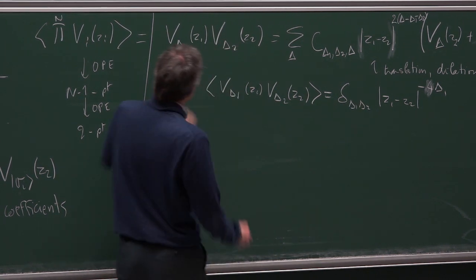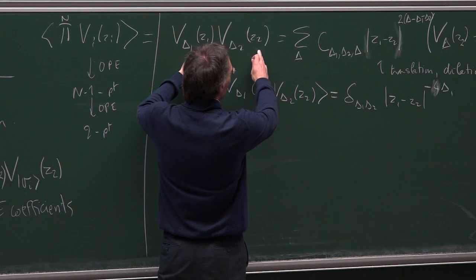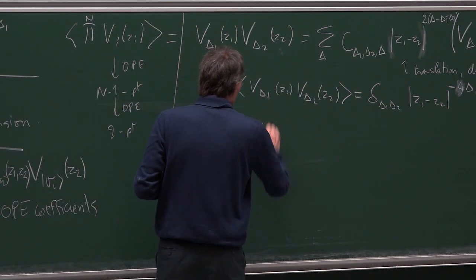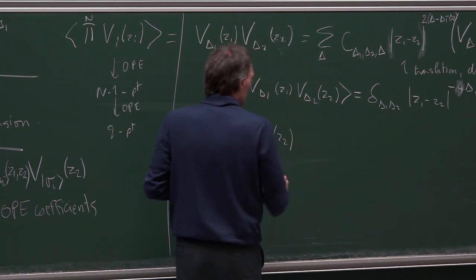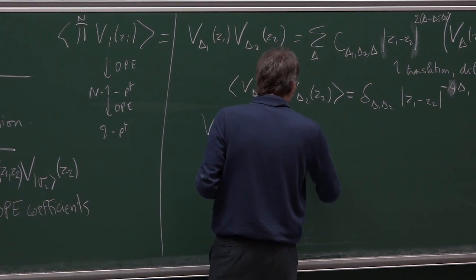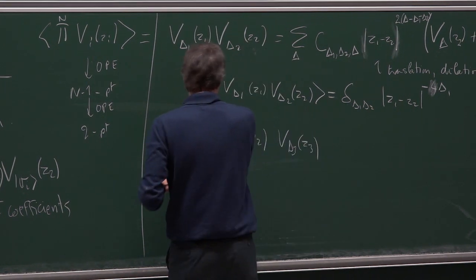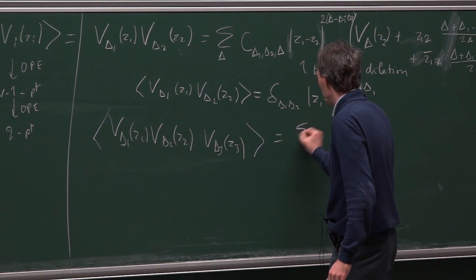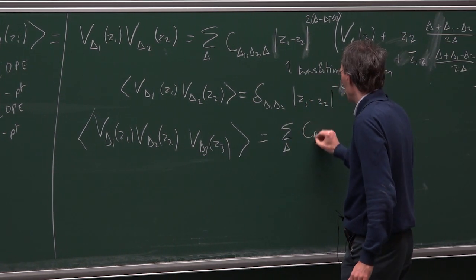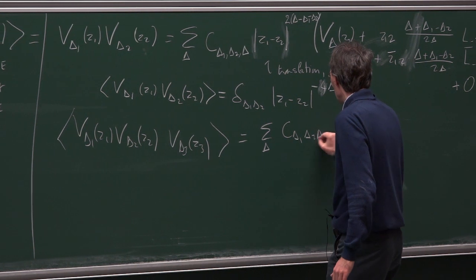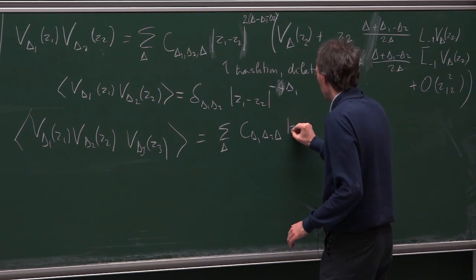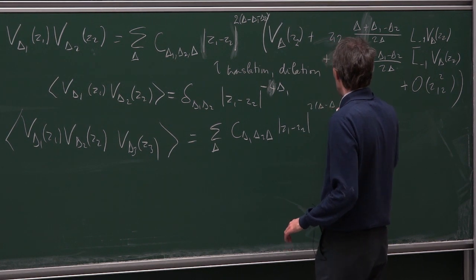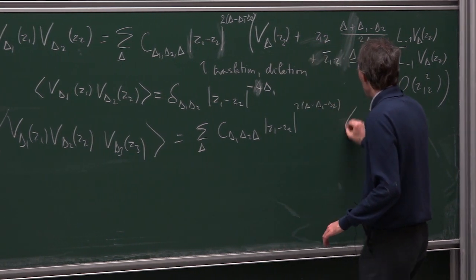Then, if I insert the operator product of my first two fields into a 3-point function, I should obtain a sum over delta of C delta 1, delta 2, delta, and of course z1 minus z2 to the 2 delta minus delta 1 minus delta 2, times the 2-point function.